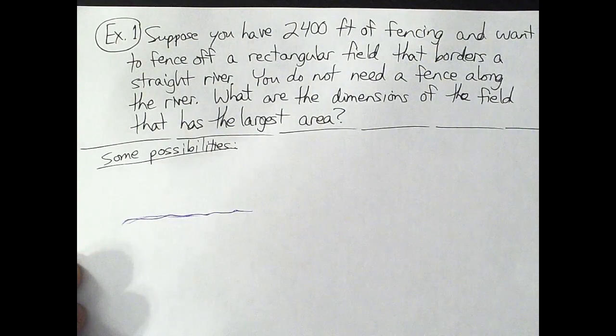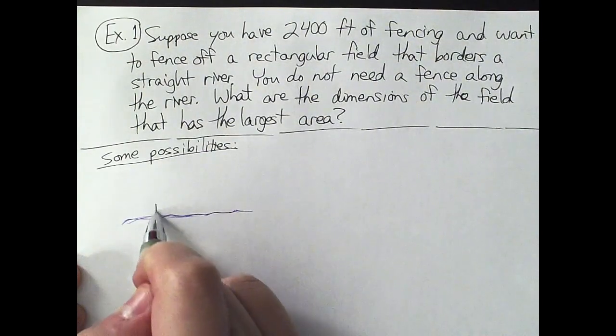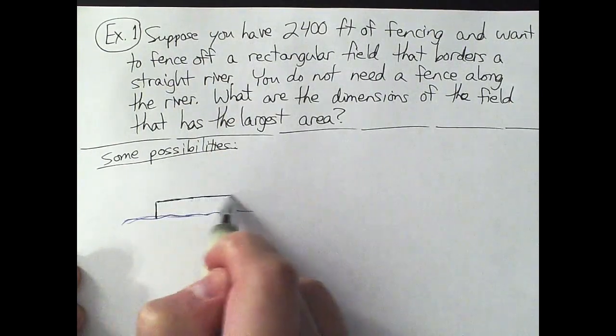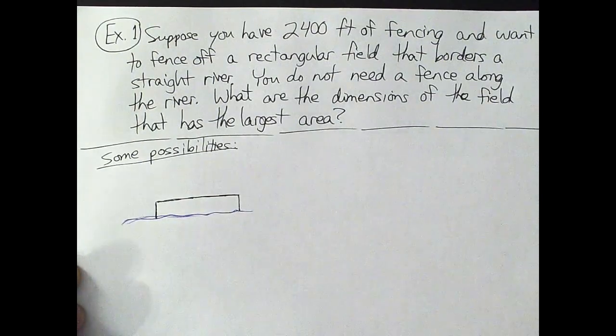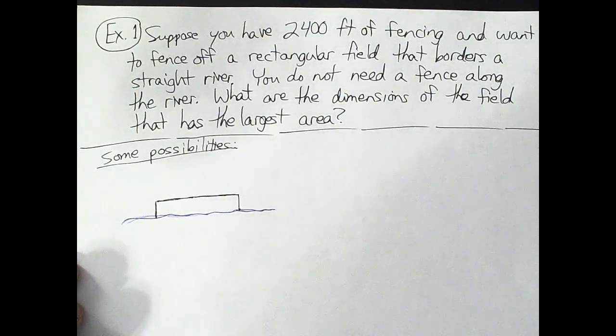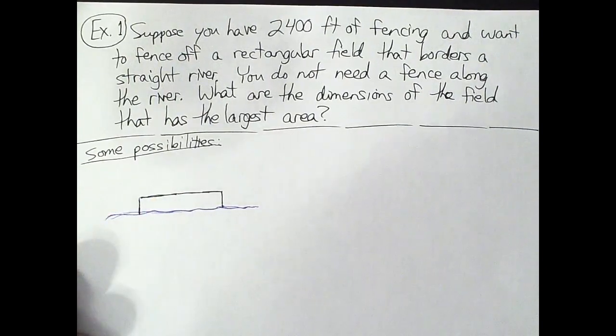And one way that we could make a rectangle is we could make a fence go like this, and then have it go like this, and then come back down. And we've made a rectangular field where one of the sides is the river, right?